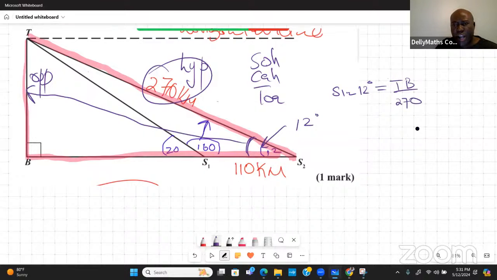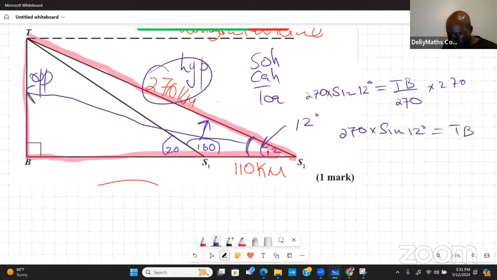Right? So we started off like that. So in this context now, all we're going to do is multiply both sides by 270. So 270 times the sine of 12 degrees is going to give me the height, TB.